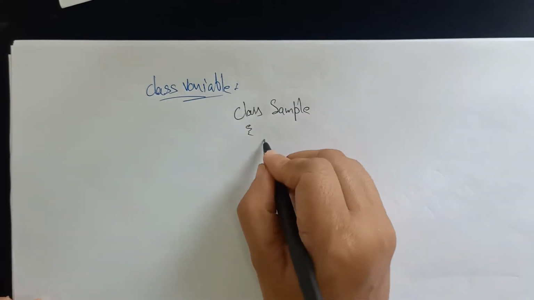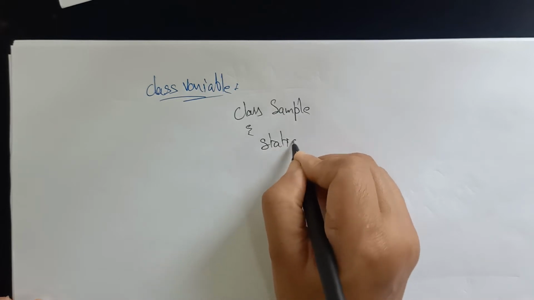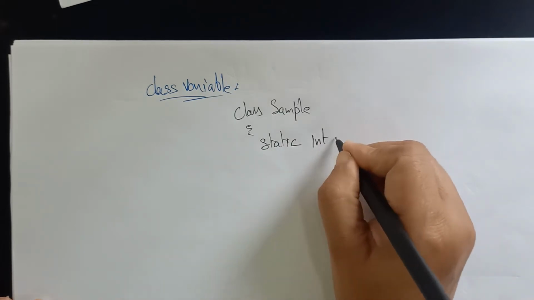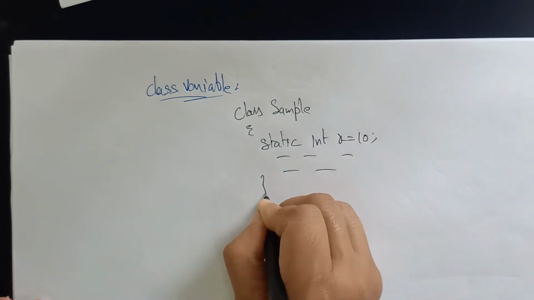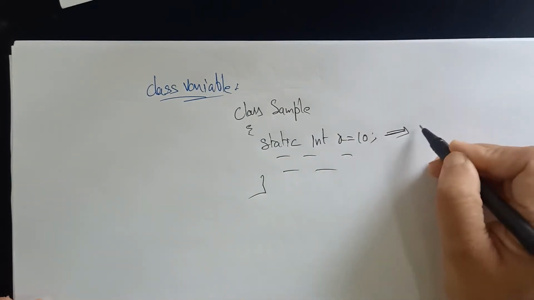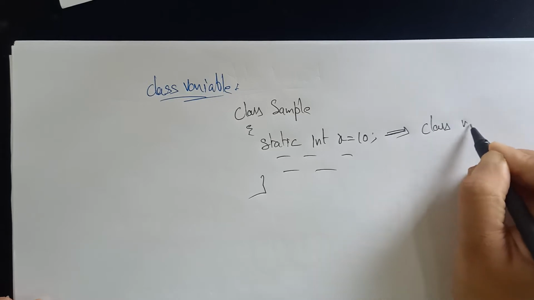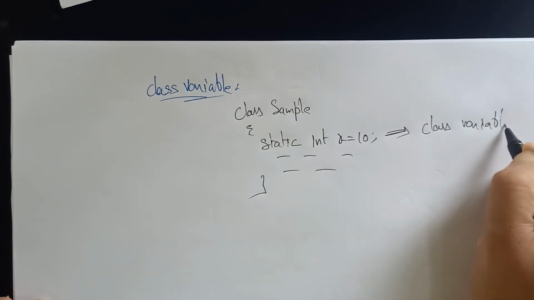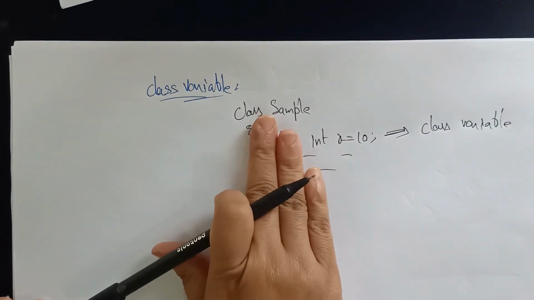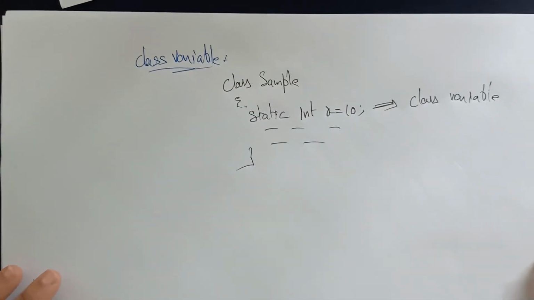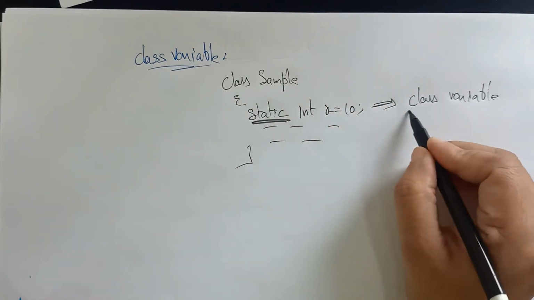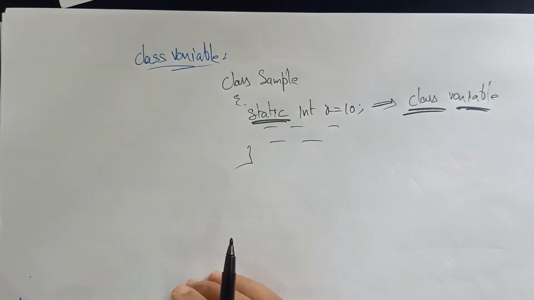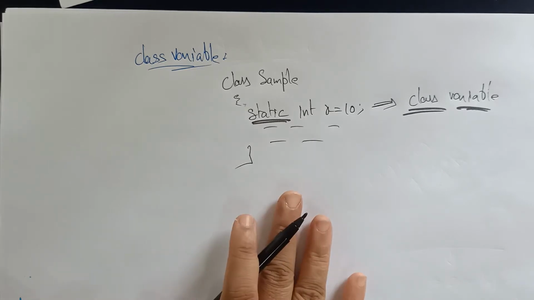If I mention static int x is equal to 10 and a series of statements, this you call a class variable. Suppose if you didn't mention static, then int x is equal to 10 is what type of variable? It is an instance variable. But if you mention static, then you call it a class variable.